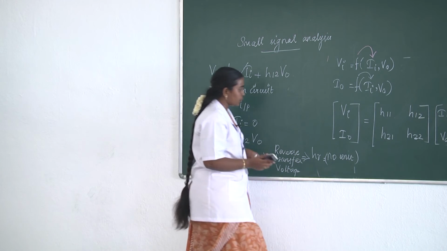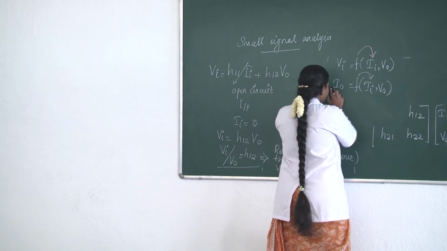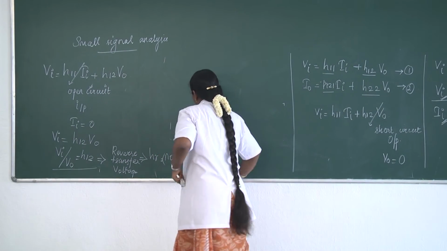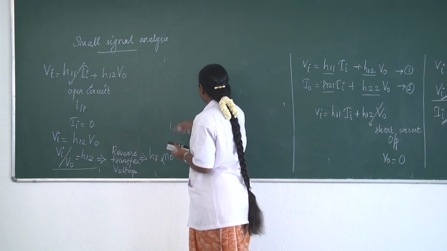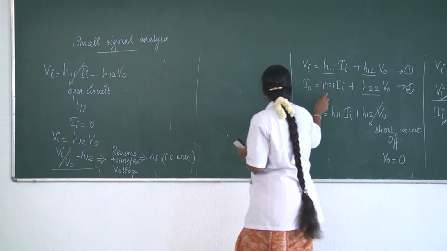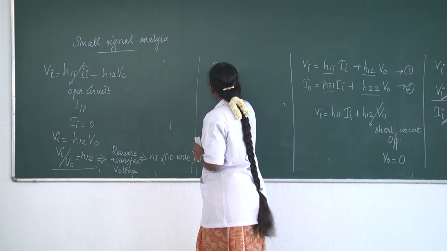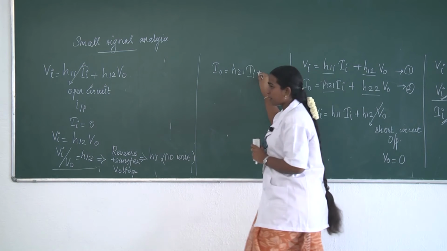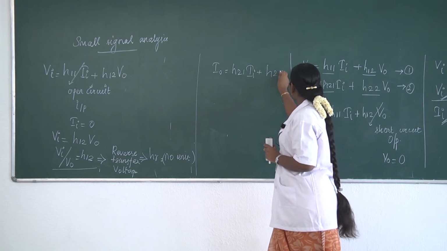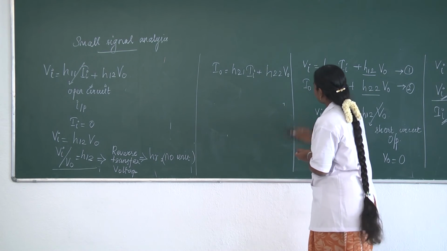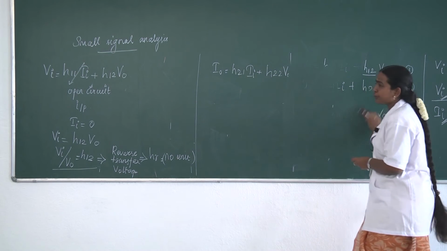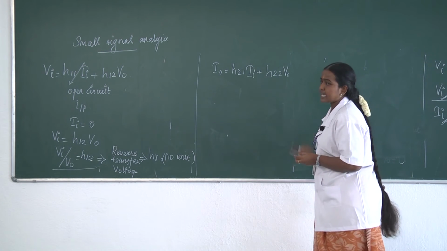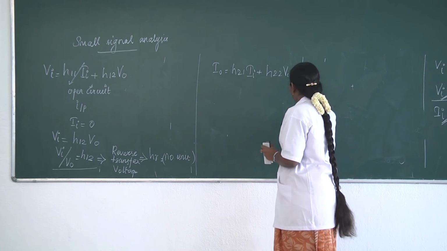So next what we have to do is, we have to analyze the second equation. The second equation is nothing but Io is equal to H21 into Ii plus H22 into Vo. So from this equation we are going to find the H21 and H22 terms in order to make the equivalent circuit of a transistor.